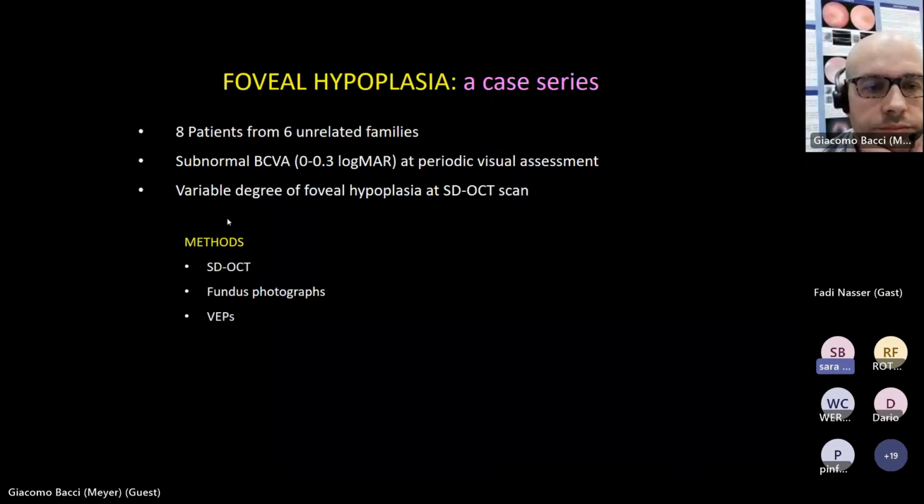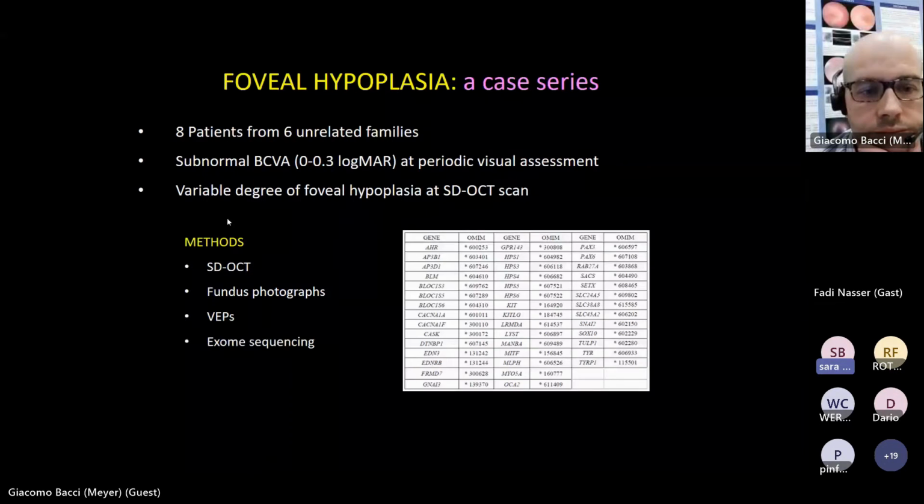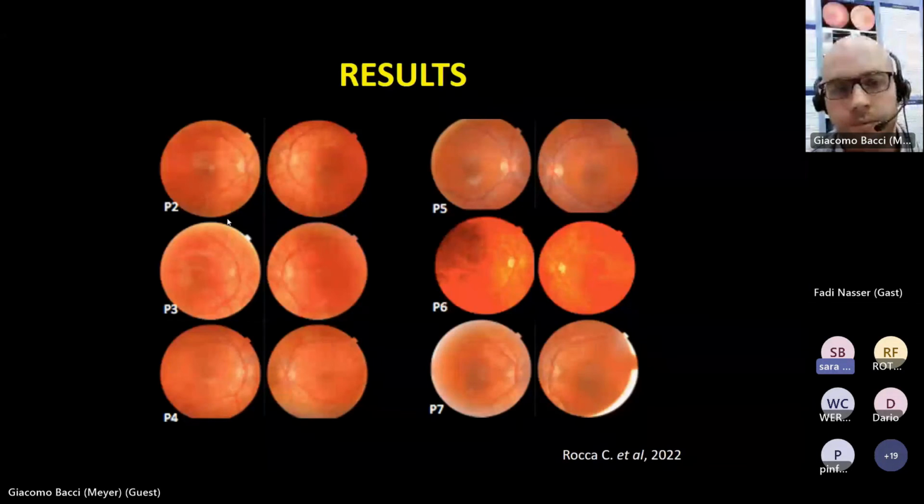So we studied these patients with ophthalmic techniques and also from a molecular point of view using exome sequencing and studying the genes that are mainly related to foveal hypoplasia. Now I'll let Dr. Bacci comment on the clinical part, and then I'll be back for molecular findings.